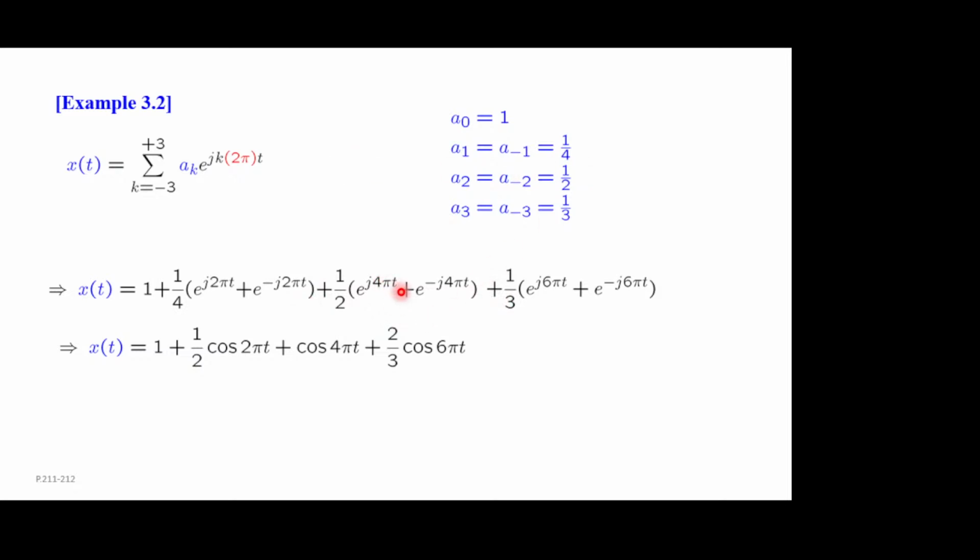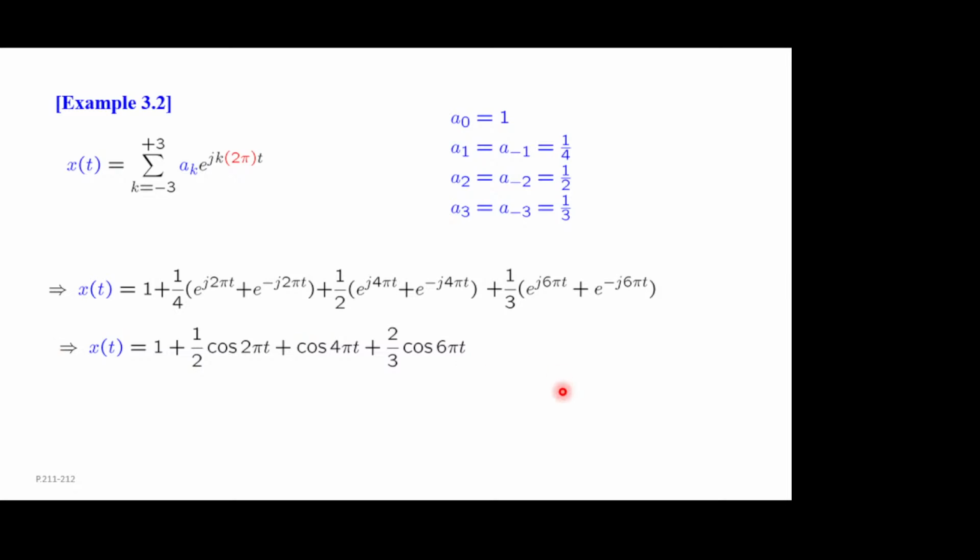Then we have k equal to plus minus 2 and plus minus 3. We have a nice symmetry because the plus minus k terms have the same amplitude, so they can be combined into cosines using the reverse Euler formula. This is 2 cosine 2 pi t, this is 2 cosine 4 pi t, and this is 2 cosine 6 pi t. Then you multiply by your coefficients, and you get this.